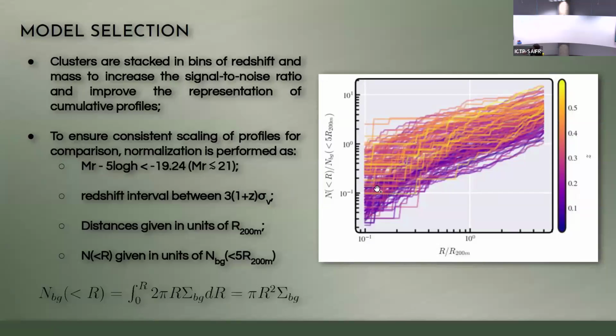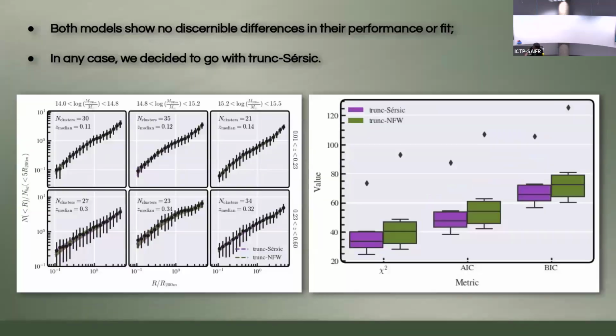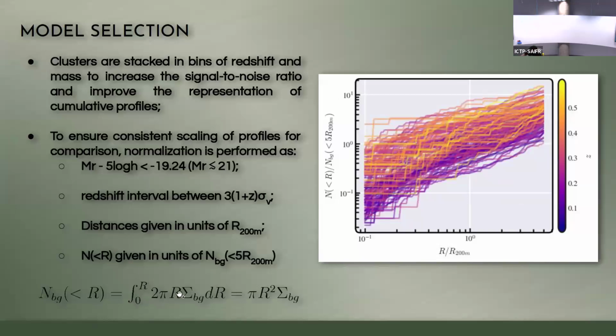And for the galaxy number, I normalize by the background. I can measure this parameter, sigma, in the survey: I take random points and estimate the density in the field. So I have this parameter and normalize each cluster by it. Basically I calculate the background, get the number of galaxies in the field, and normalize it by R200 as well.